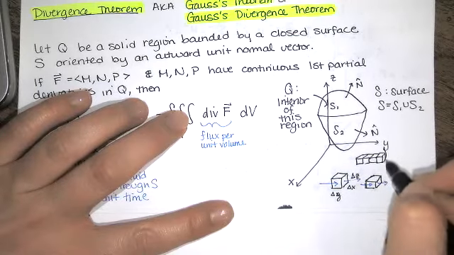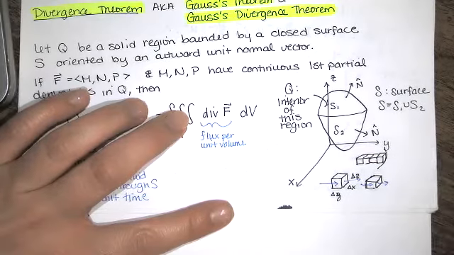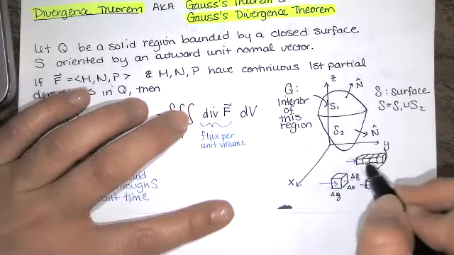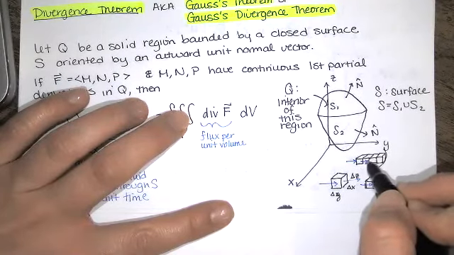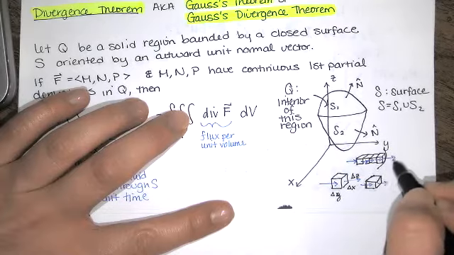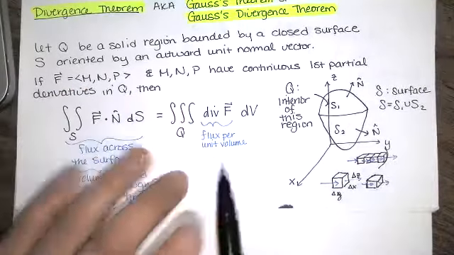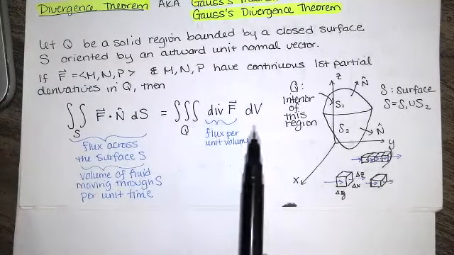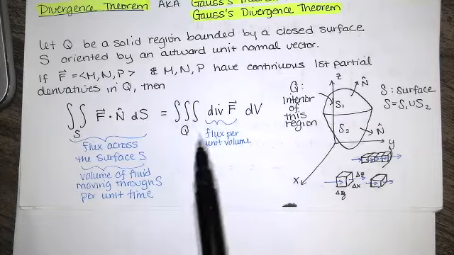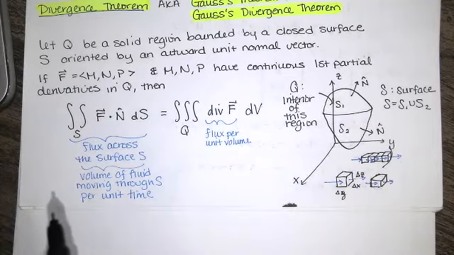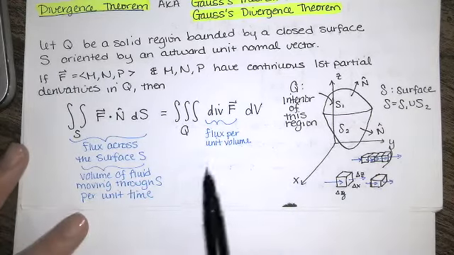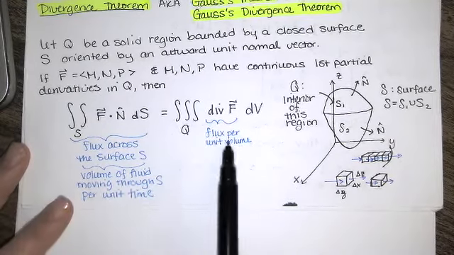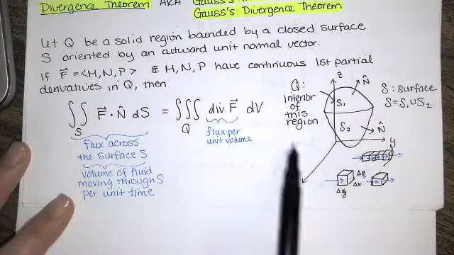Really, only the flux on that boundary ends up counting, because what is positive for this cube is negative for the next one, until we get to the boundary over here. So this makes sense when we remember that divergence is the tendency of the field to spread out at a point. Now we're saying more precisely, it's flux per unit volume.